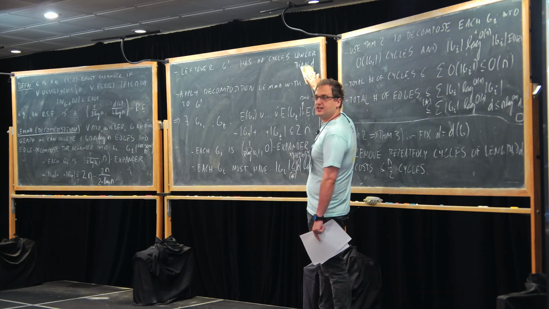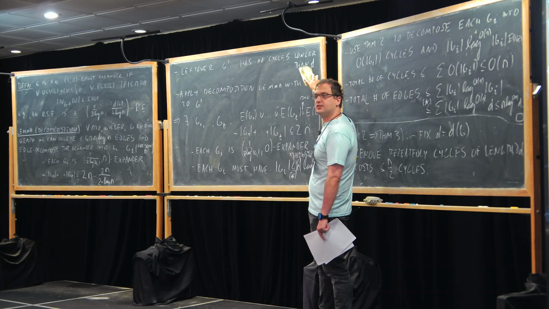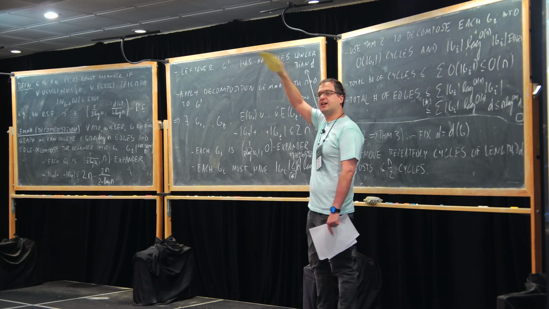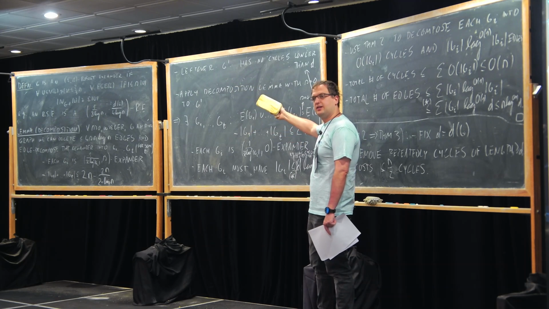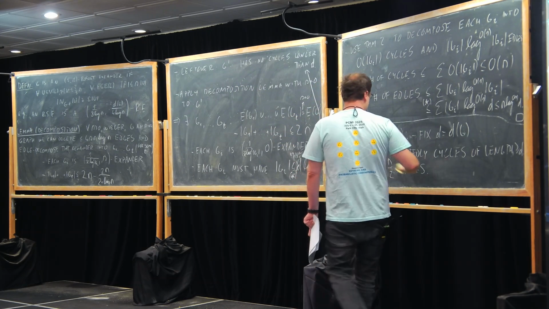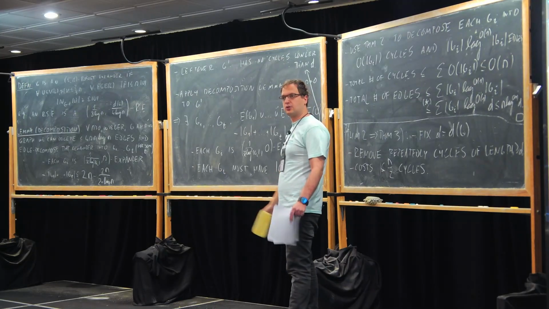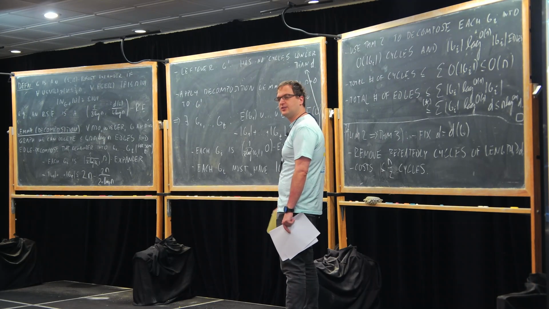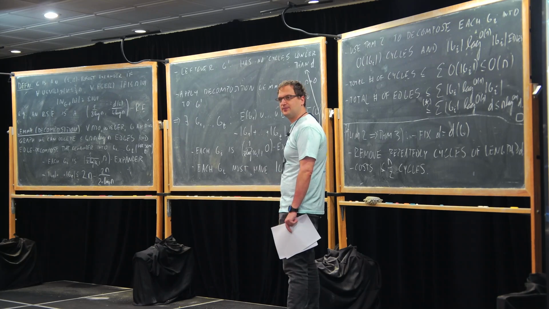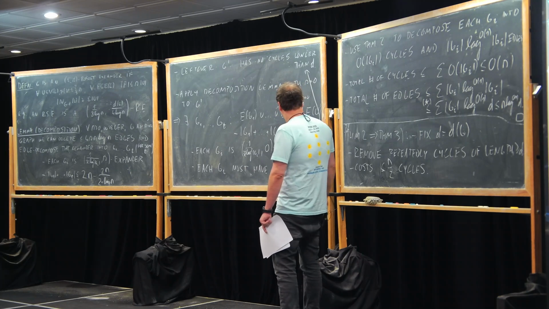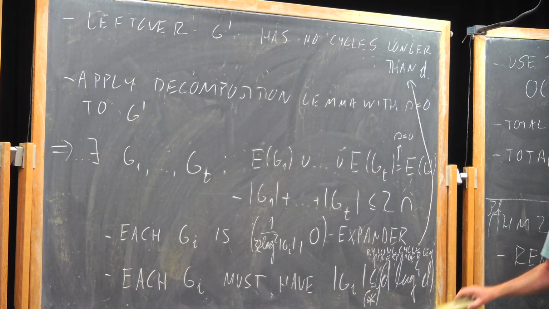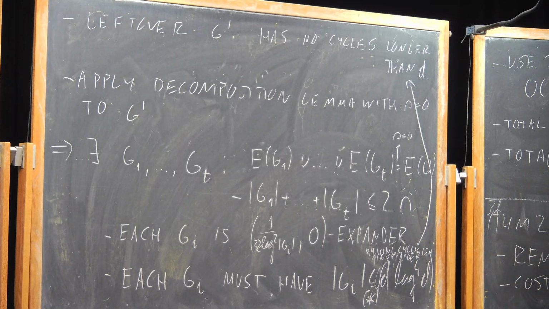So we killed all cycles longer than D, right? So when we're doing this, there is no longer any cycle of length D or more, because we removed them and we paid them already this n over 2 at the beginning of the process. So we killed all long cycles. So now when you get to these expanders, you actually have control on how big they can be, because otherwise you would get another long cycle. Yeah, this is not very legible, but I concede that point.